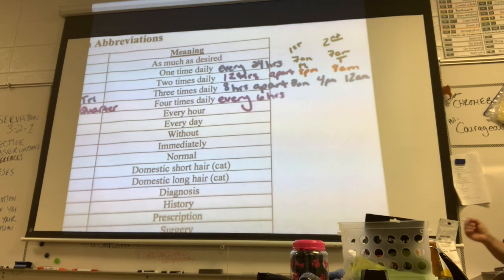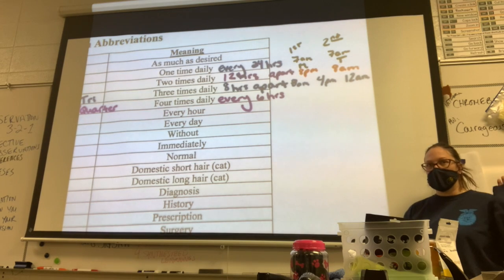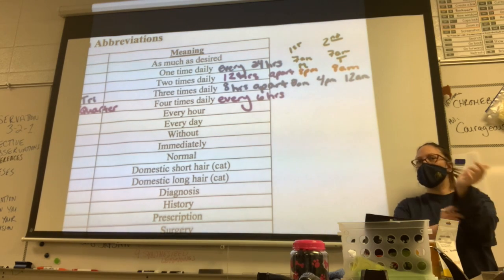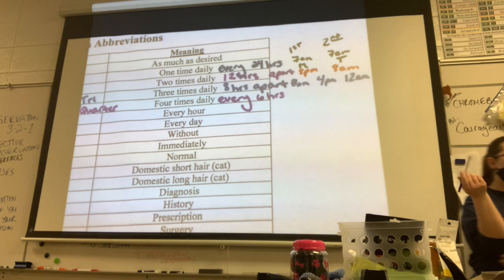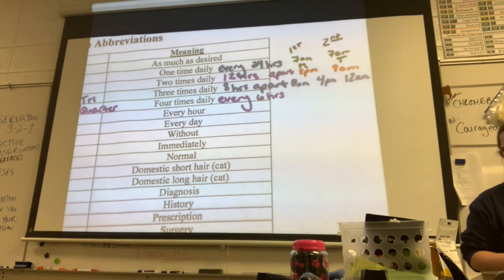And again, I can say every 6 hours, or I can say 6 hours apart. That's when I'm giving my medication. And with this one, we're absolutely going to have to set an alarm, right? There's no way around it. And that's why we don't often do every 6 hours, we don't often do 4 times a day. Okay? All right. So that's giving the medication, the frequency in which we're going to do that.